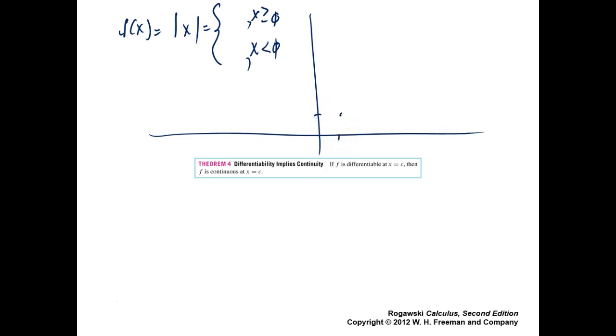Another one. 2: the absolute value of 2 is 2. Okay, at negative 1, what would the value be? Positive 1 again. Negative 2 would be positive 2 again.